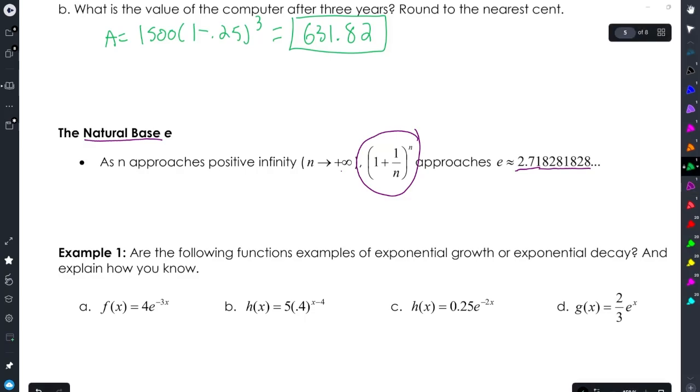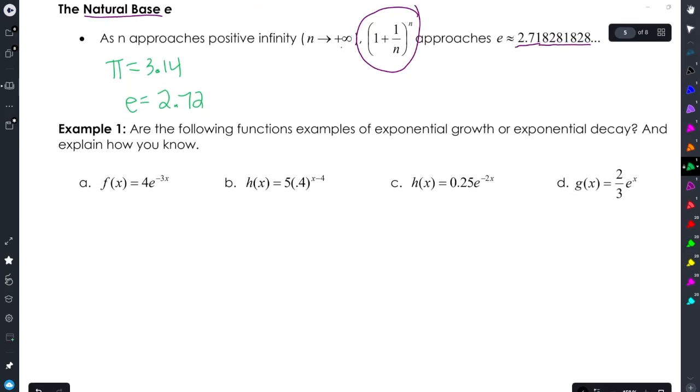And that number is the number e. Just kind of like how pi is 3.14, e, we approximate as 2.72. So e is just a number. It's not a variable. And we're going to be using that number later on in this lesson.